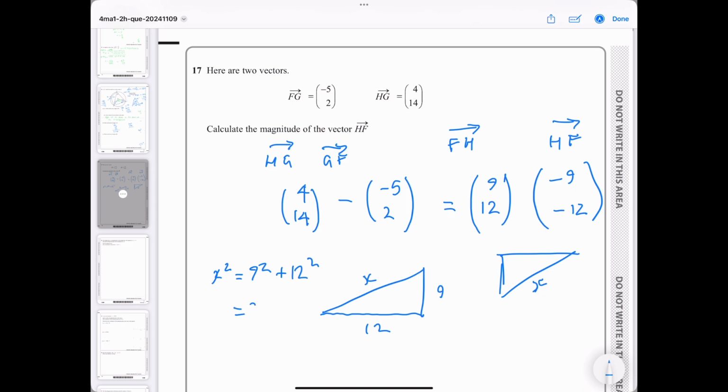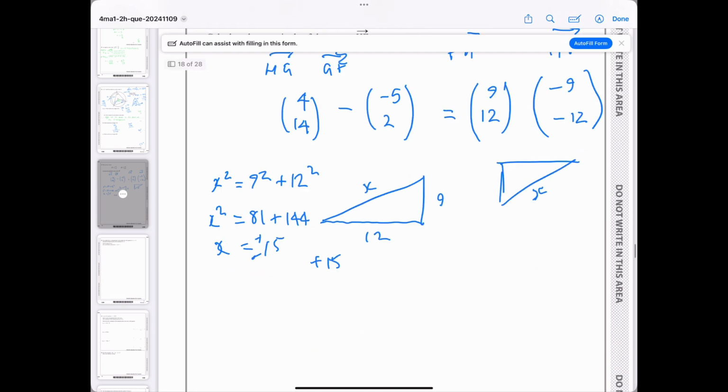So that's 81 plus 144 is x squared. So x equals the square root of whatever that is. So 144 plus 81 equals 225, and that's 15, which could be plus or minus, but it's going to be plus, isn't it? There you go.